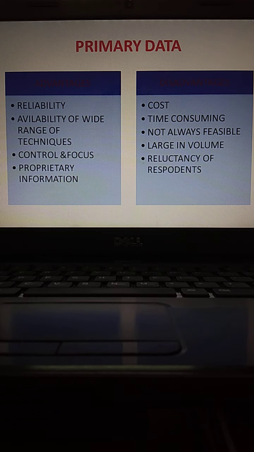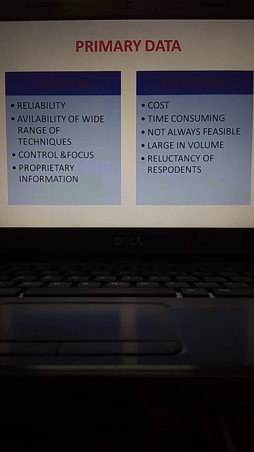So these are the advantages and disadvantages as far as primary data is concerned. What are the advantages? Reliability. As far as primary data is concerned, we all know that it will be collected only for that purpose for which the research is being conducted. While collecting primary data, so many testing procedures would be there.